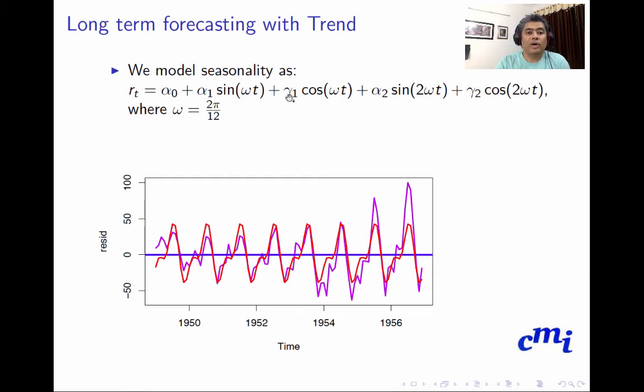I went now up to the second Fourier, where alpha 1 sine omega t, and then I took alpha 2 sine 2 omega t, and gamma 1 cos omega t, and gamma 2 cos 2 omega t. Omega is 2 pi by 12. I know the exact value of omega, so I know the exact value of sine omega t, similarly cos omega t, sine 2 omega t or cos 2 omega t.